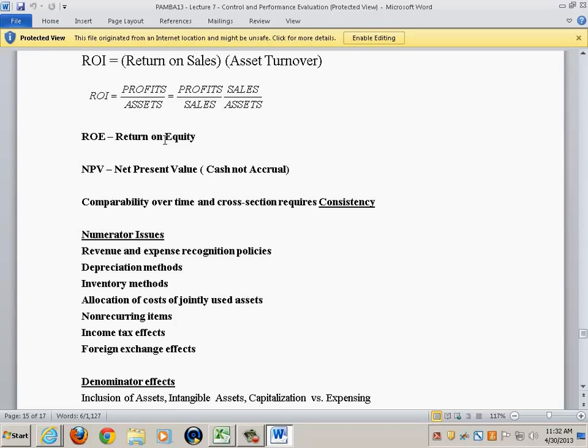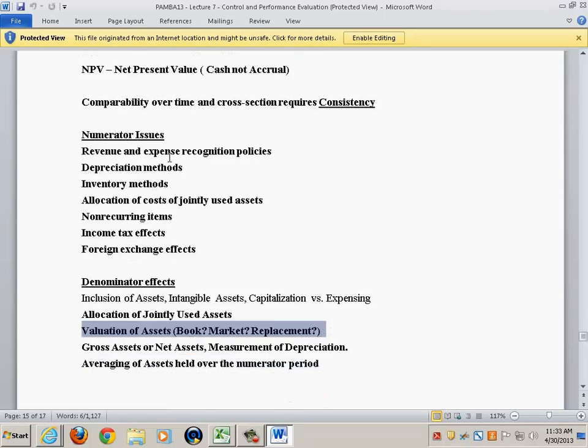You have to decide. Usually what is decided in those measures is to take some kind of average of the assets that were deployed throughout the whole period. But you have to decide whether you take an average and which average you take, and that will affect your ROIs.